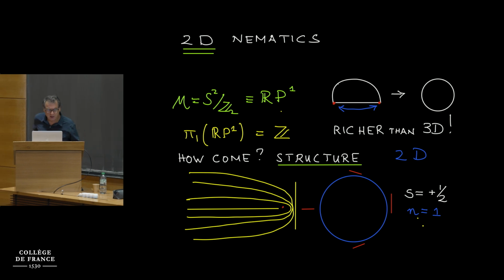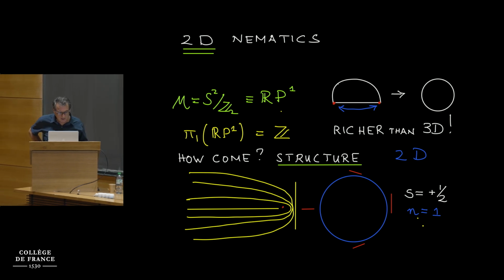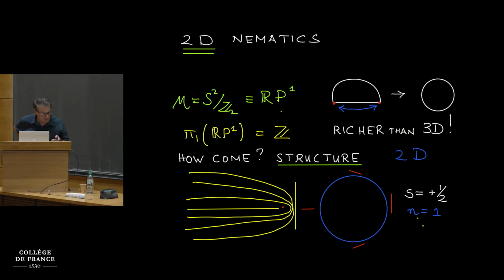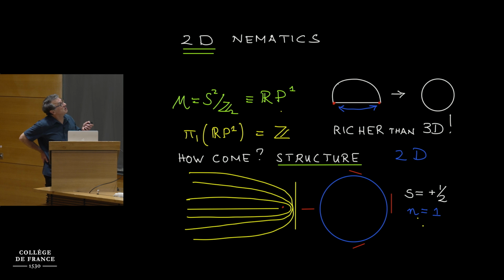And so let's look at pi 1 of this. S1 mod Z2 is RP1. And let's look at its first homotopy group. So now we have a circle, and we identify antipodal points. So we can take half of the circle, a semicircle, and then it ends here, and we have to identify this point with that point. So we close it up, we get topologically another circle.